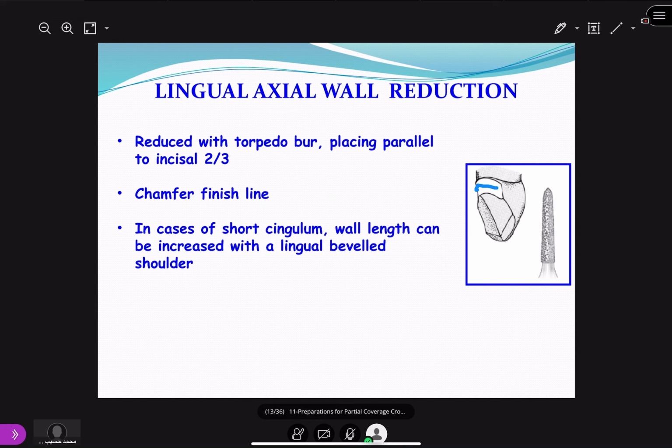Again and again I am telling you that this partial coverage crown will be made in all metal, so for all metal the finish line is a chamfer finish line, and for the chamfer finish line we use the torpedo burr. So now the lingual wall reduction: reduce it with the torpedo burr, placing it parallel to the incisal two-third. The chamfer finish line should be there, and in case of a short cingulum, the wall length can be increased with a lingual bevel shoulder.